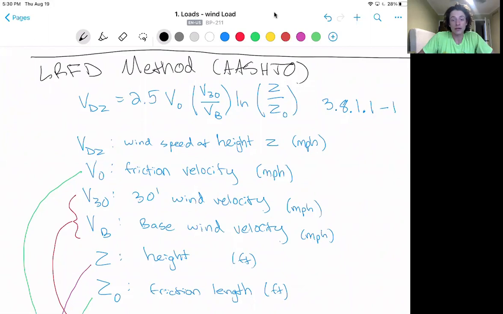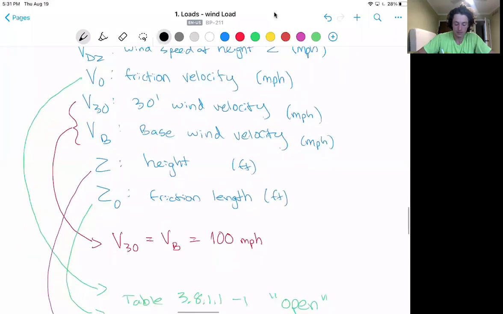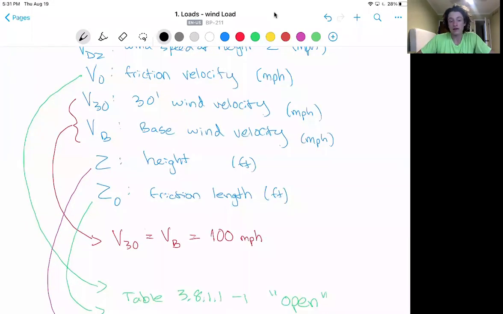To calculate wind speed at height z, we first need to find our friction velocity, V0, our 30-foot wind velocity, V30, our base wind velocity, VB, our height, and our friction length, Z0. In this case, V30 is equal to VB, or our base, at 100 miles per hour.